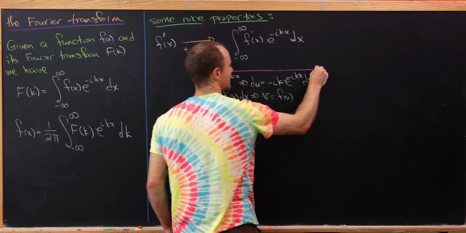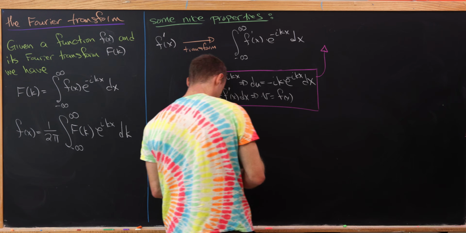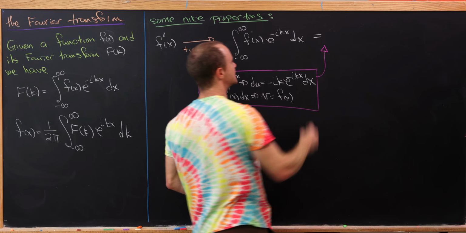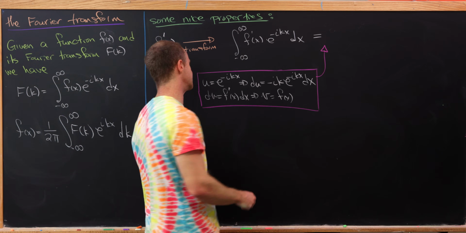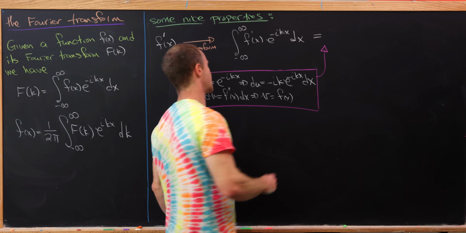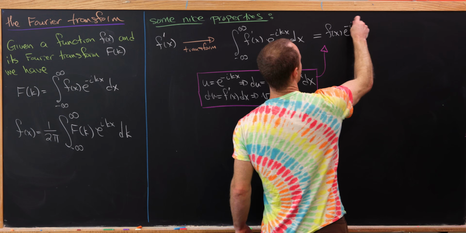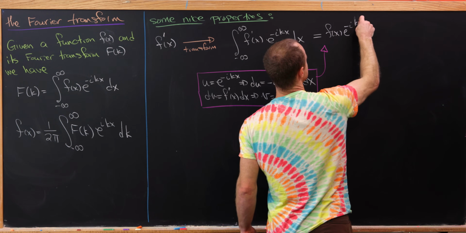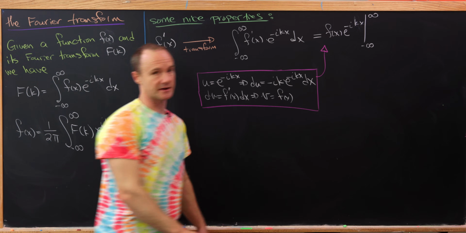Okay, so now we have our integration by parts set up, and we can apply the formula. Recall that that's going to be u times v minus the integral of v du. So u times v will be f of x times e to the minus i k x, and we evaluate that from minus infinity to infinity.